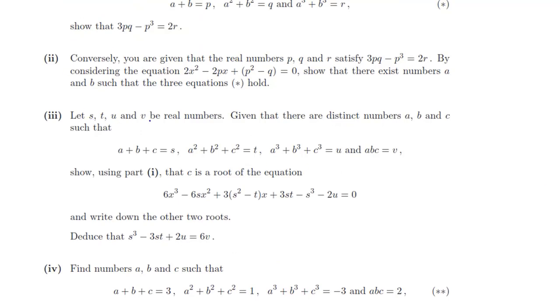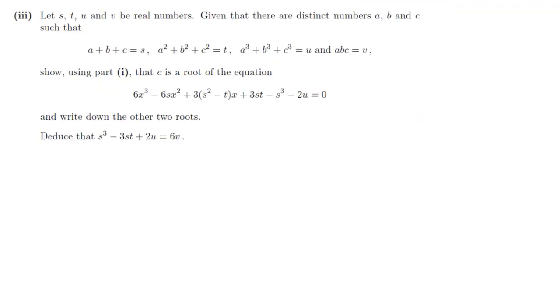Part 3. Let S, T, U, and V be real numbers, given that there are distinct numbers A, B, C such that we have these equations. Show using part 1 that C is a root of this equation, and write down the other two roots. When we want to prove that C is a root, if we replace x with C, it should be 0.